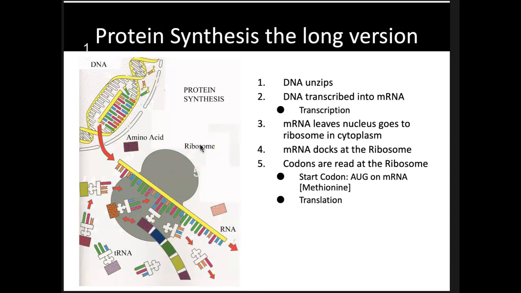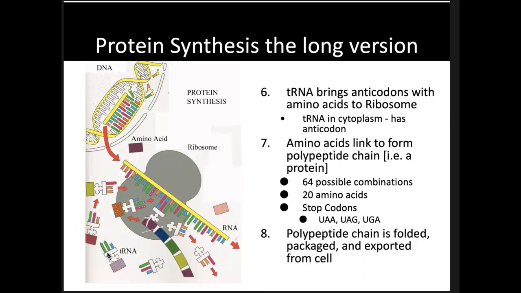There are ribosomes in our cells in several locations, just within the cytoplasm, but also on the rough endoplasmic reticulum. So messenger RNA will find a ribosome, it will dock at the ribosome, and the codons are read, and then the anticodons are brought from the cytoplasm by transfer RNA.